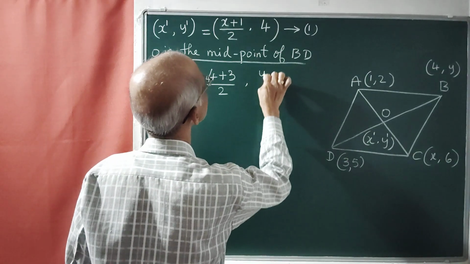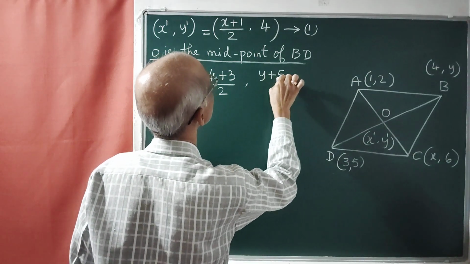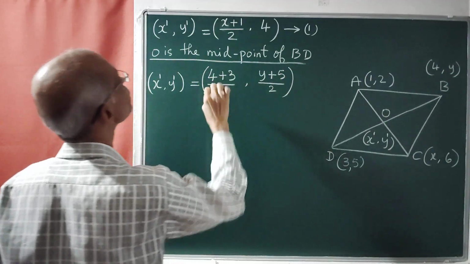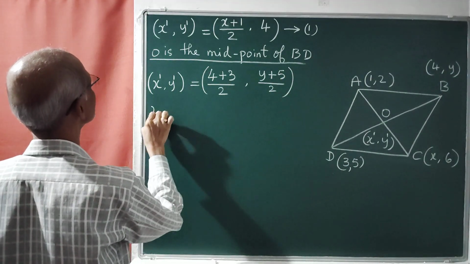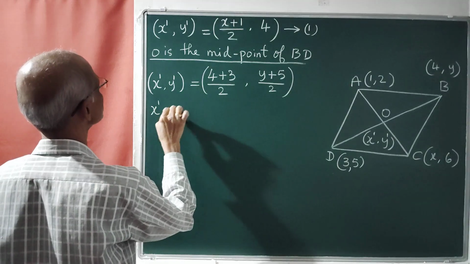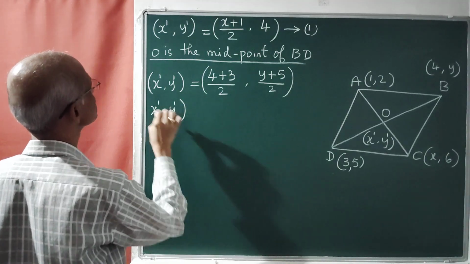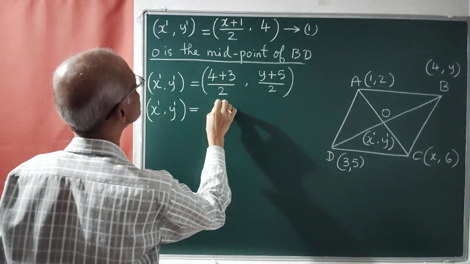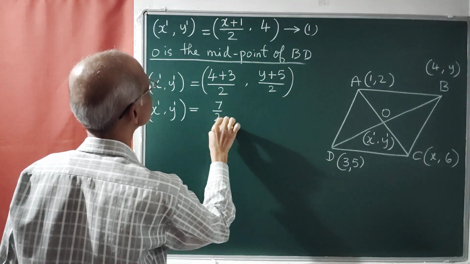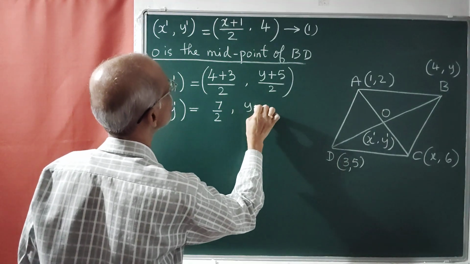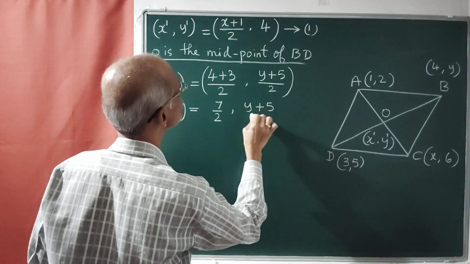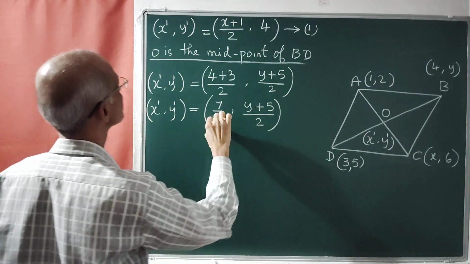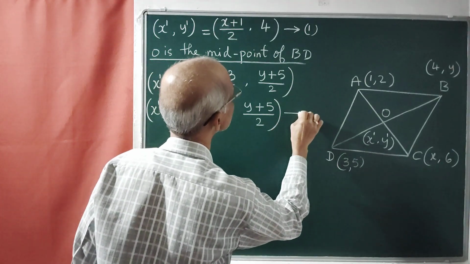That is 4 plus 3 divided by 2, and y plus 5 divided by 2. If we solve it, what will we get? (x', y') is equal to (7 by 2, (y plus 5) by 2). This is equation 2.